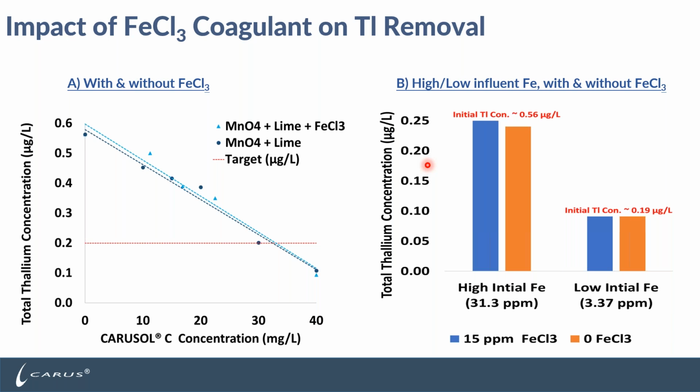Effective thallium removal was achieved with both high and low incoming iron levels. You can see here 31 parts incoming iron compared to 3 parts incoming iron, a 10 times difference. Same removal efficiency, again, without the need to add coagulant. We've seen similar benefits in oil field produced water treatment applications using permanganate, where iron removal is a really key priority for those applications.